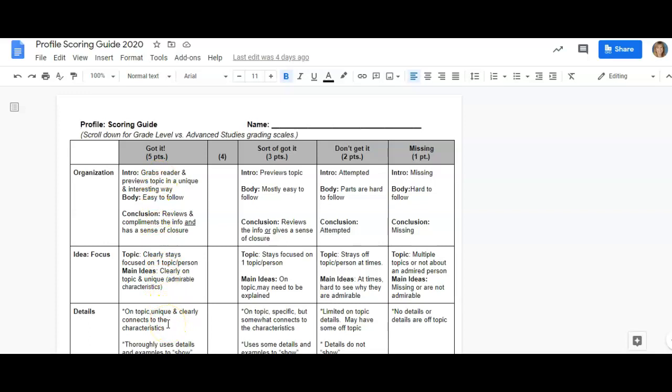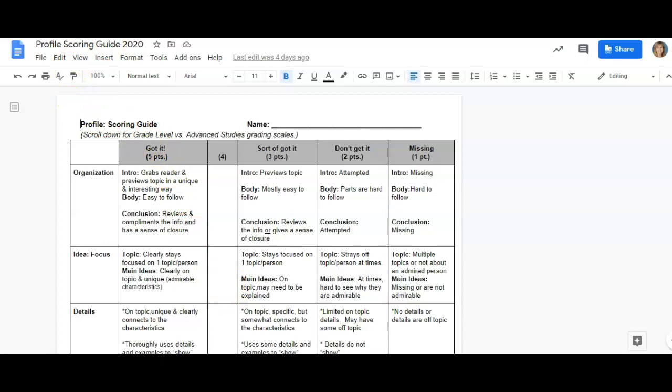Because you need to have 22.5 points. You have to have a 23, 24, 25 to get an A. If you are in grade level course, you need to shoot for at least 4s straight down the column. And if you get any 5s, that's going to be a bonus. And so that's what that means.